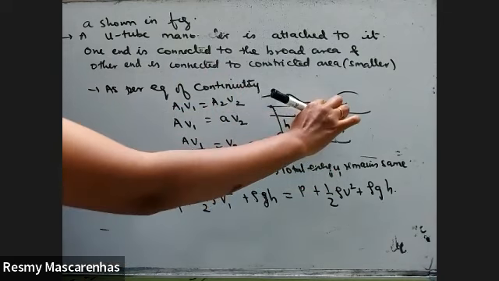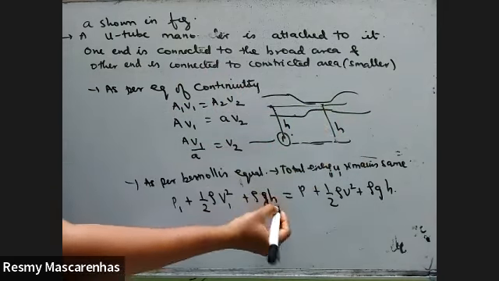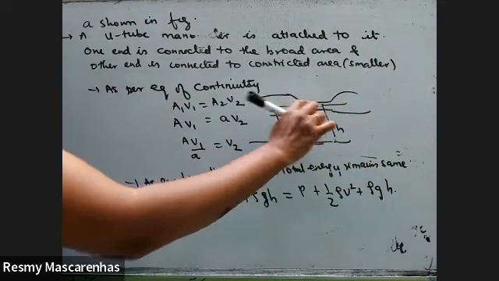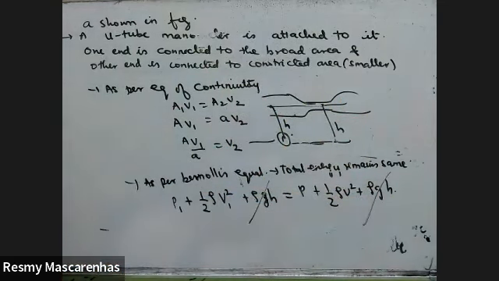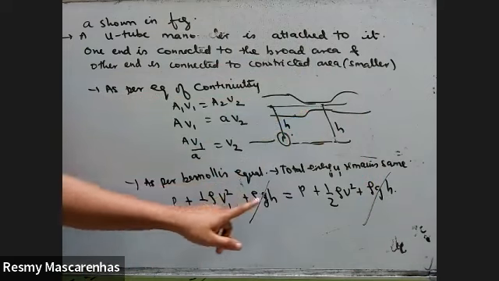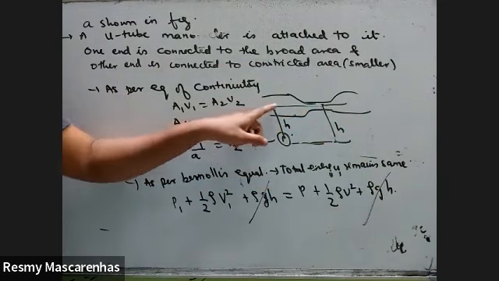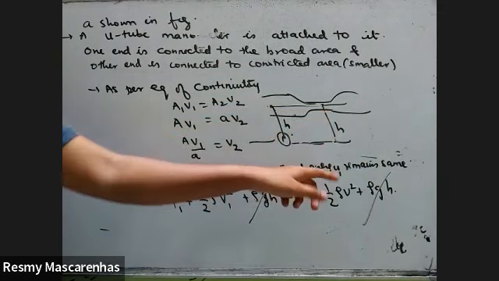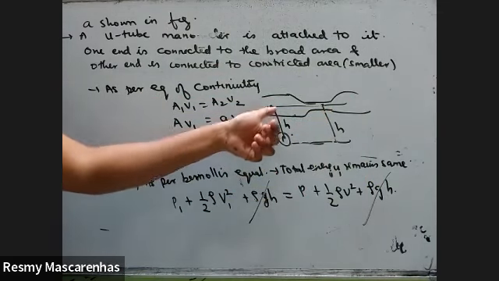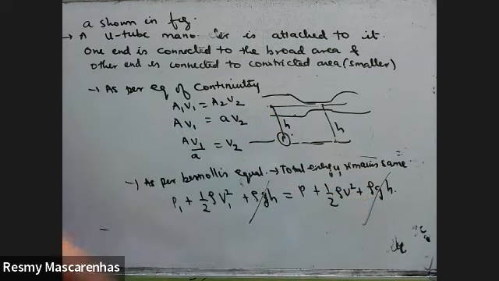So h1 and h2 will not be different. If it's a straight line, I told you the potential energies will cancel because heights remain the same. If a height difference is there, then this will be h1, this will be h2. But if you check the center line, height is the same. Density will not change. Gravity also will not change. So this term in the end will cancel.